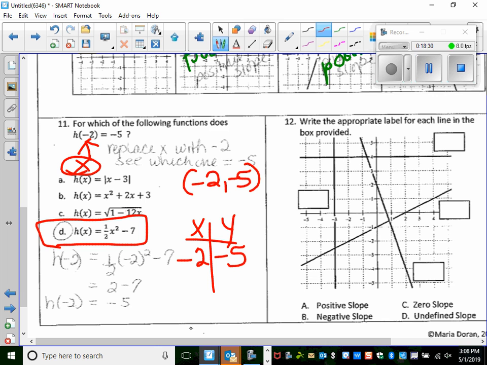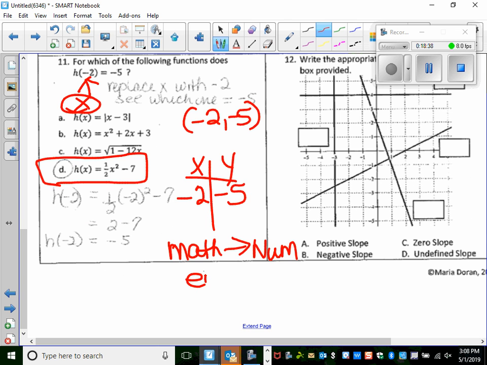Math, arrow over to NUM, and then hit enter. So when you hit enter, you'll see those bars. How many people saw them? Okay, now just type in x minus 3. Okay, and then when you go to the table, -2 does not pair up with -5, does it?